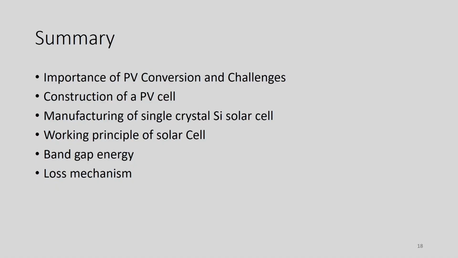And also we have studied the manufacturing of silicon solar cells. So, how silicon dioxide is converted to metallurgical grade silicon. We have also discussed the applications of metallurgical grade silicon, and then the process used for converting metallurgical grade silicon to semiconductor grade silicon. Okay.